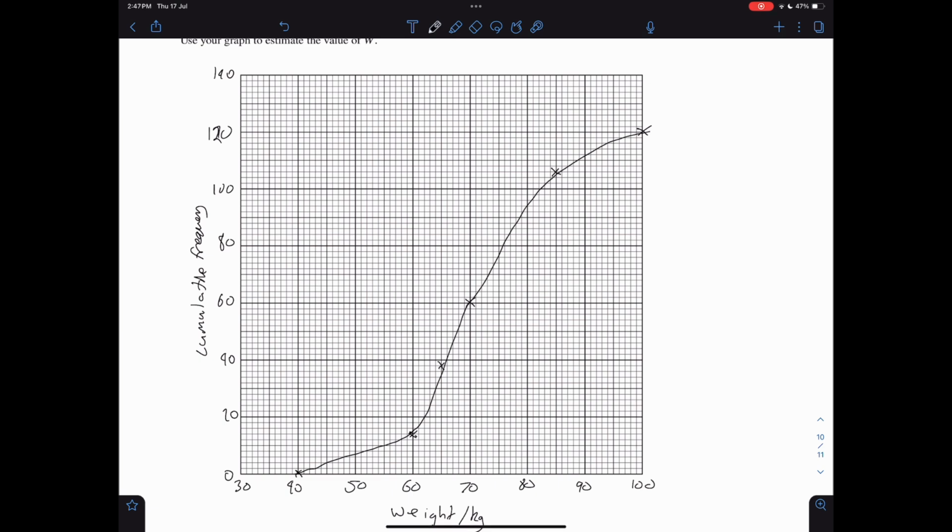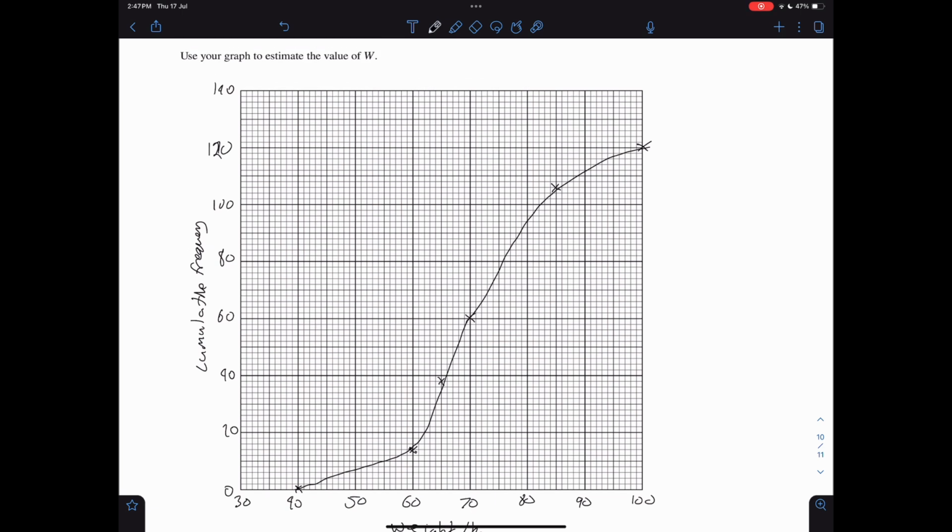Okay, that's good enough. It is easier to do on paper. You used to be able to do a cumulative frequency polygon, as in you'd rule each line dot to dot, but you can no longer do that because otherwise your estimates are just as good as a histogram. It doesn't tell you anything different.